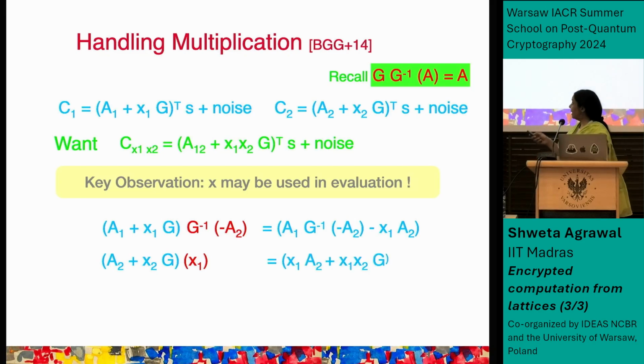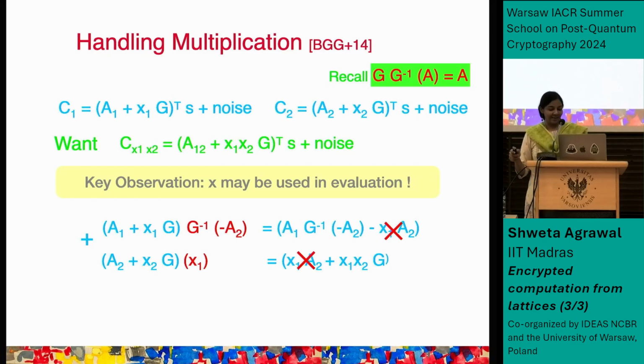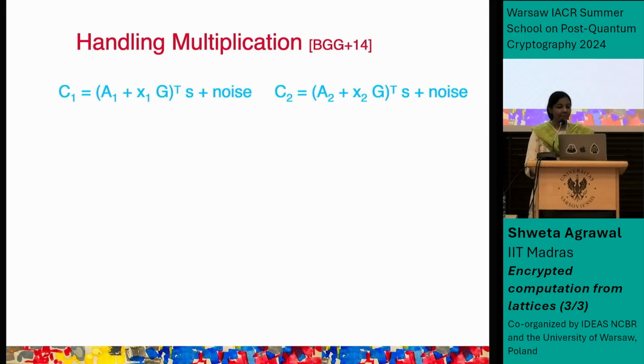You can see that this has something minus x1 A2, and this has x1 A2 plus x1 x2 G, and this is what I wanted. The last term is what I want. I don't want the middle terms, but luckily for me they cooperate with each other and they kill each other. And this one encodes the function, the product of x1 and x2. So I get A12 plus x1 x2 G. We saw this yesterday, but we're seeing it again.